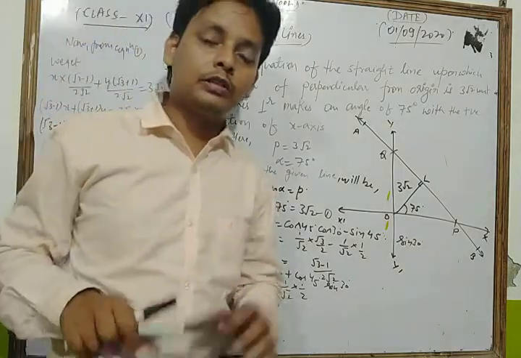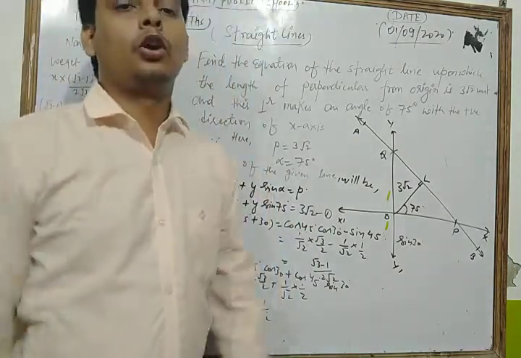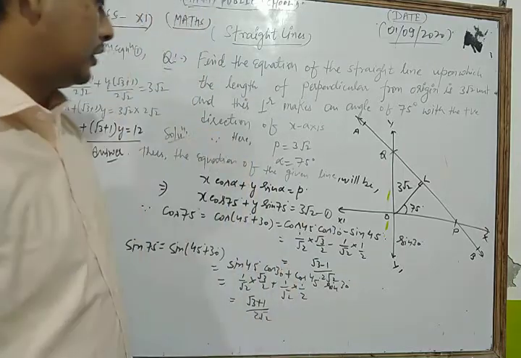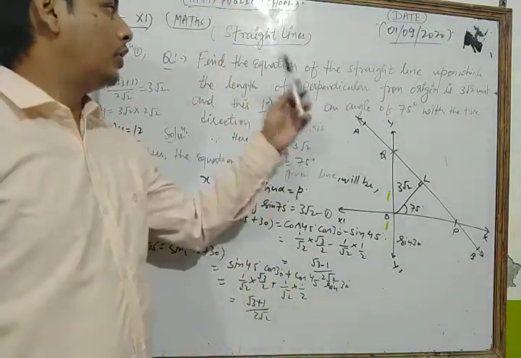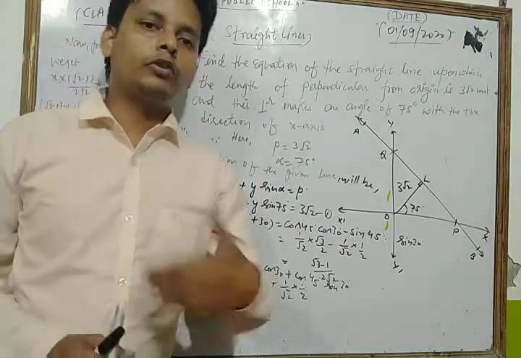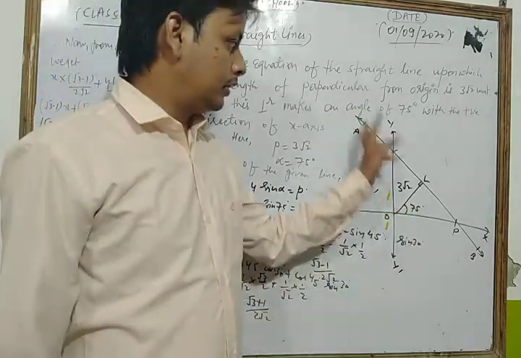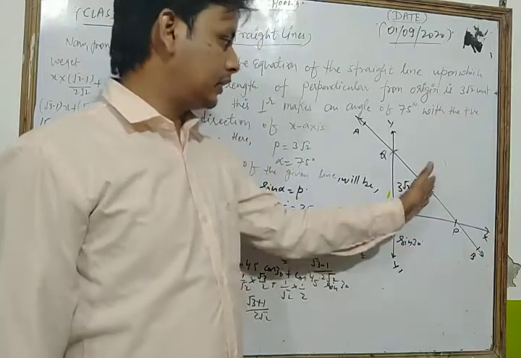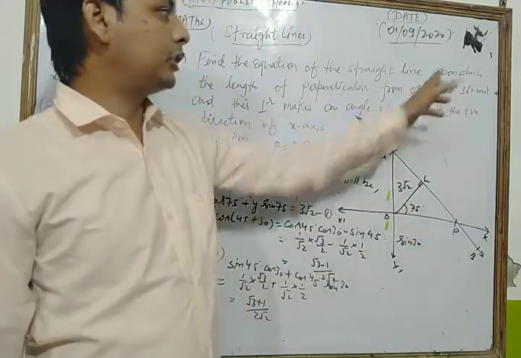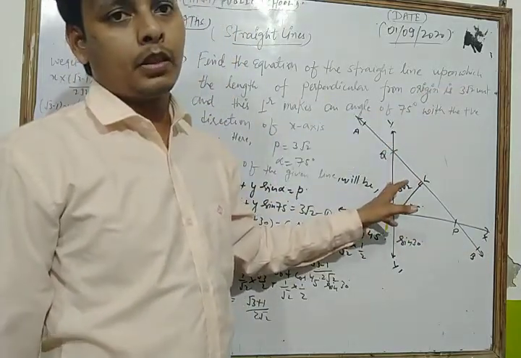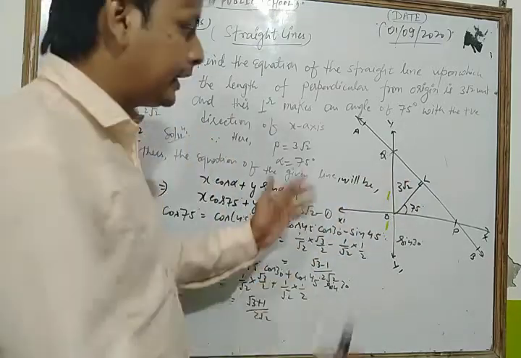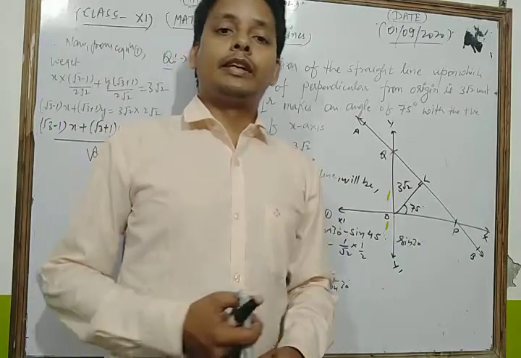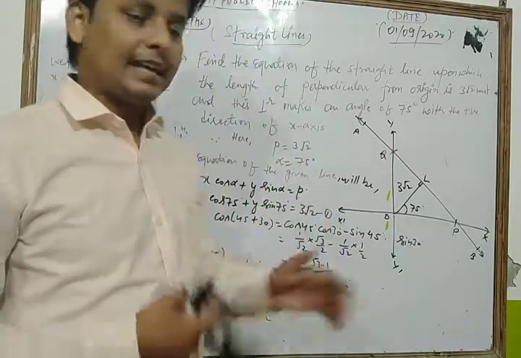So let's see once more. This is one of the most important questions of your syllabus. Find the equation of the straight line upon which the length of the perpendicular from the origin, suppose AB is the line, is 3 root 2, which is the value of p, and that perpendicular makes an angle of 75 degree with the x-axis.